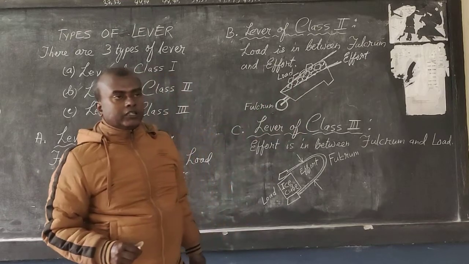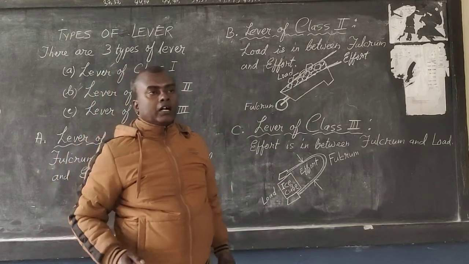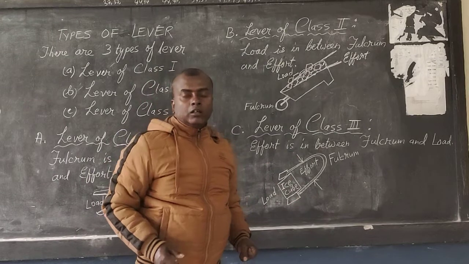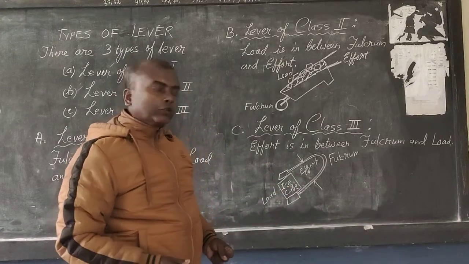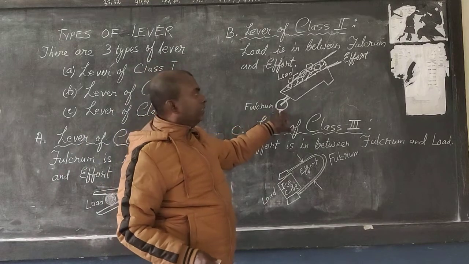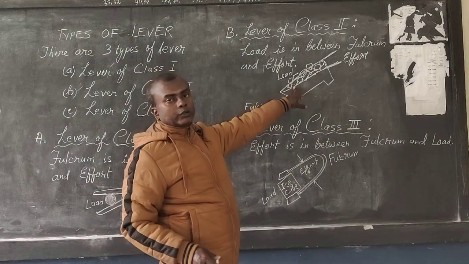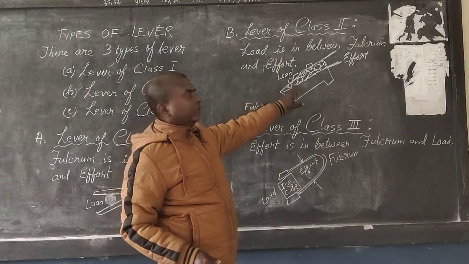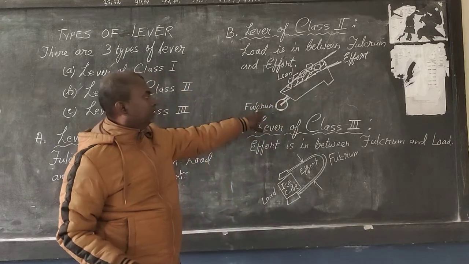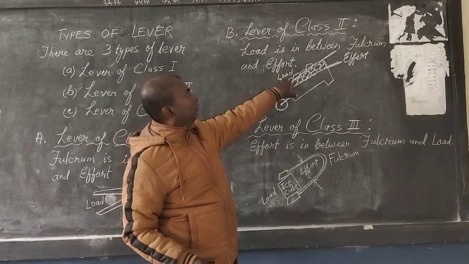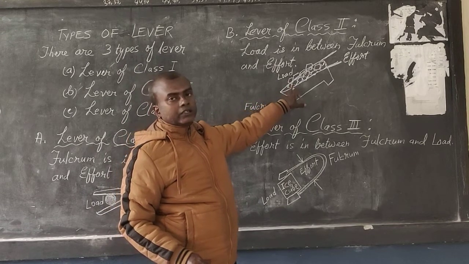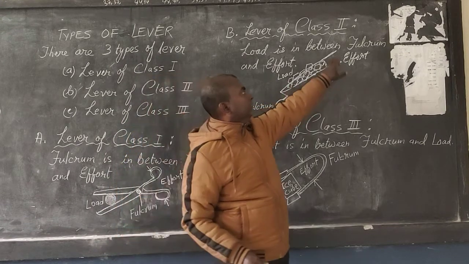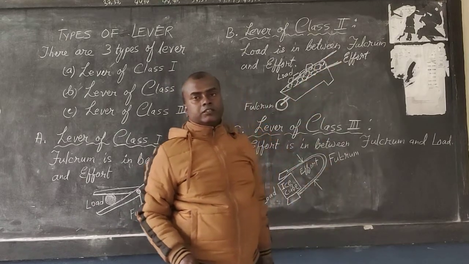Another example you can think of is a shopping cart. When you go to a shopping mall, you must have seen those shopping carts. That is also an example. There also the wheel is there, and the load is whatever items you buy. You hold it with the help of these two handles.